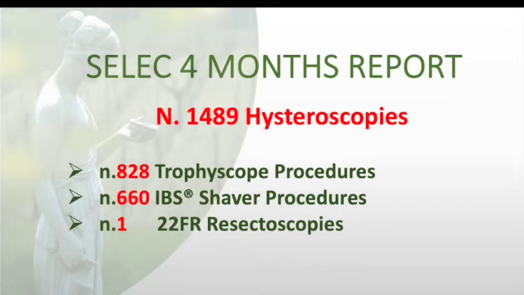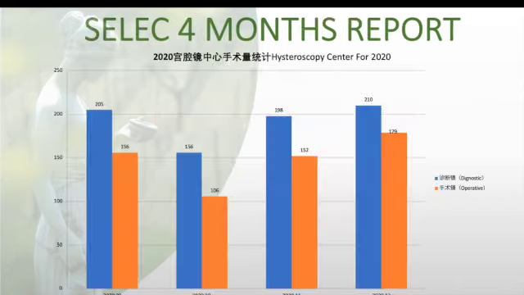During this period we did only one resection, on adenomyosis. So in 4 months of activity we really reduced the use of the resectoscope, and in most of the cases we were able to use the shaver.